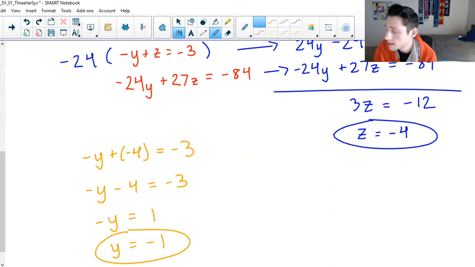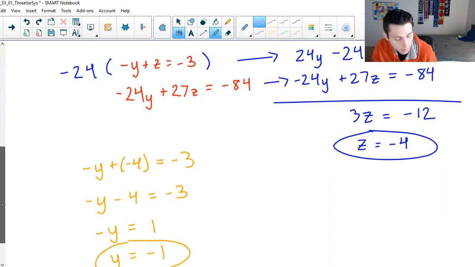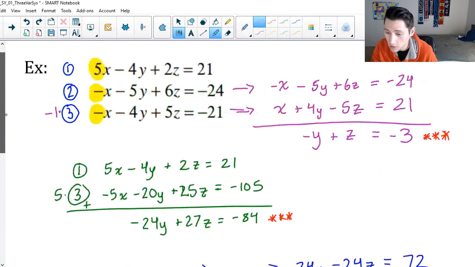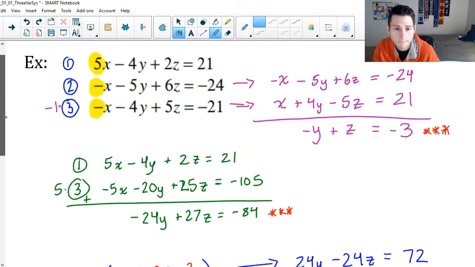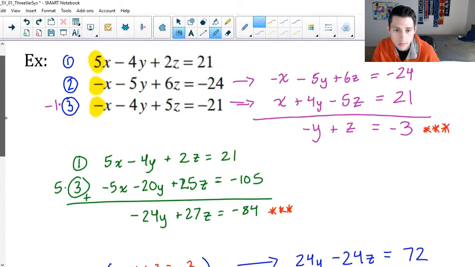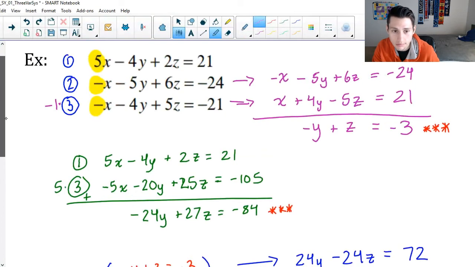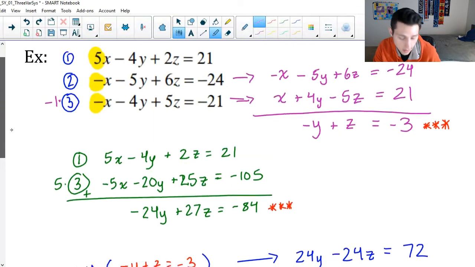I know y. I know z. So let's work our way all the way back up to the top. One of our original equations we want to use to solve for x. It doesn't matter which one. I'll go ahead and use the second equation. I don't know, why not?